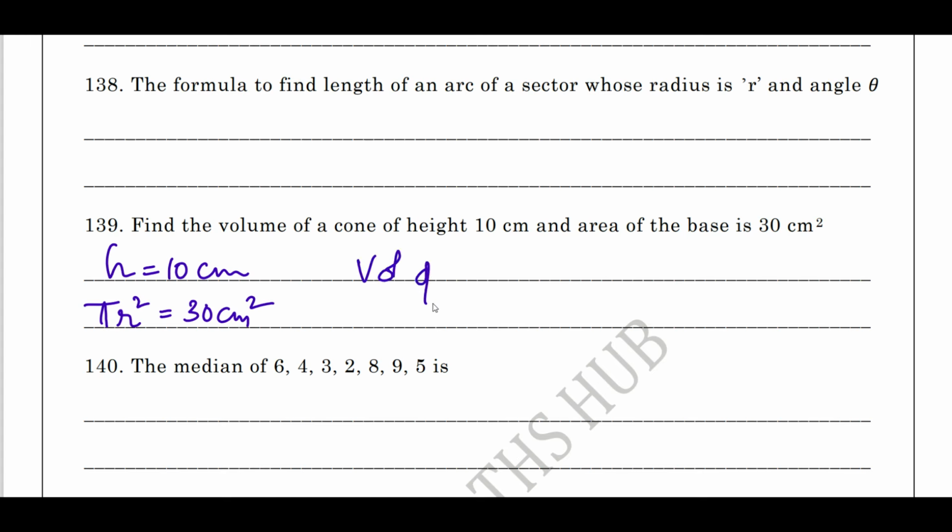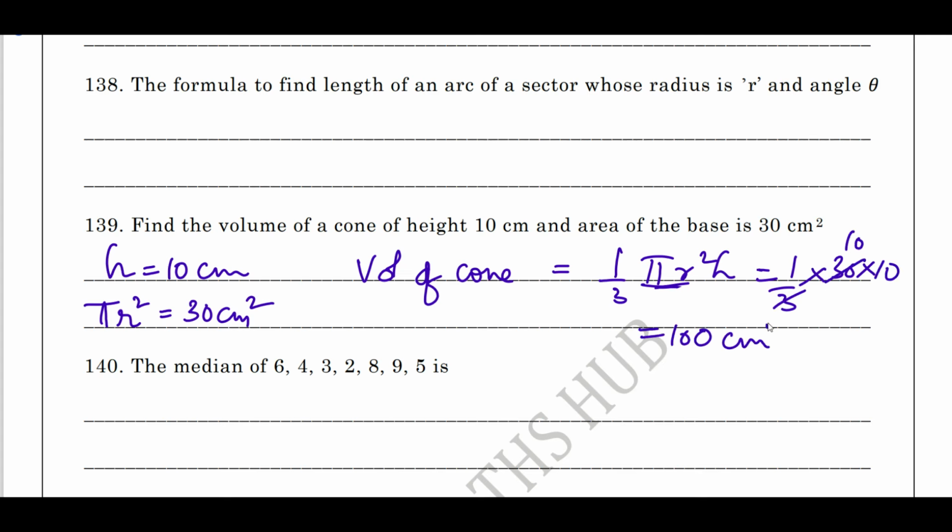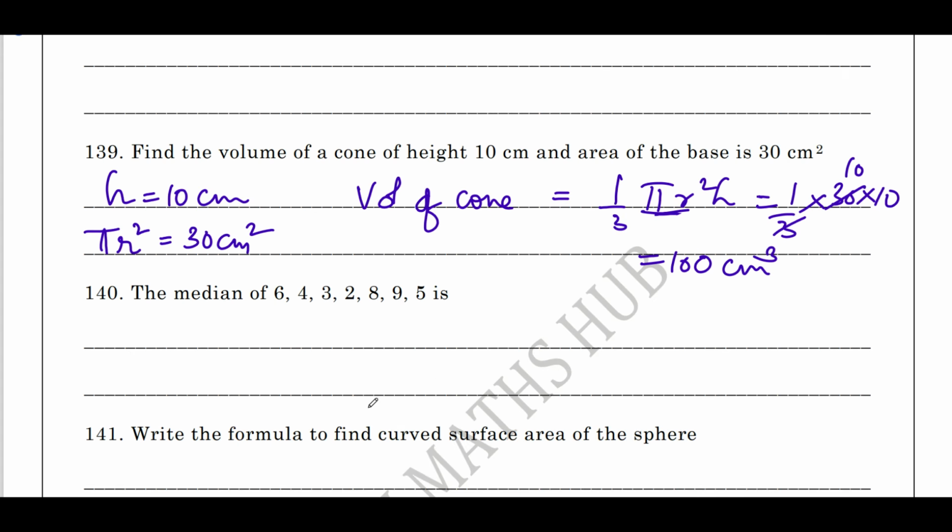Volume of cone is given by the formula 1 by 3 pi r square h. So 1 by 3, pi r square value is 30, into h is what? 10. 3 into 10 are 10, into 10 is 100 centimeter cube. Therefore the volume of cone is 100 centimeter cube.